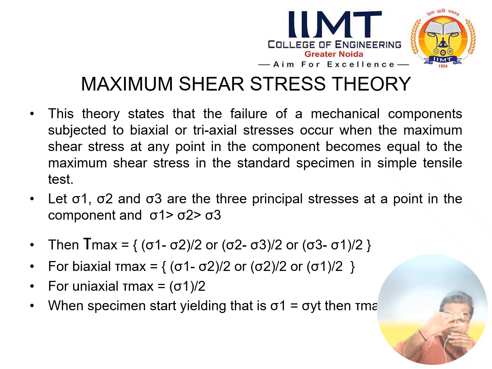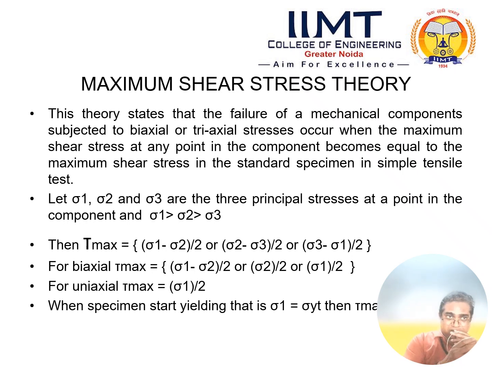If we are talking about a biaxial stress system, then the maximum shear stress is (sigma 1 minus sigma 2) by 2, or sigma 2 by 2, or sigma 1 by 2, that is plus minus sigma 2 by 2 or plus minus sigma 1 by 2. And for a uniaxial stress, the value of maximum shear stress is sigma 1 by 2.